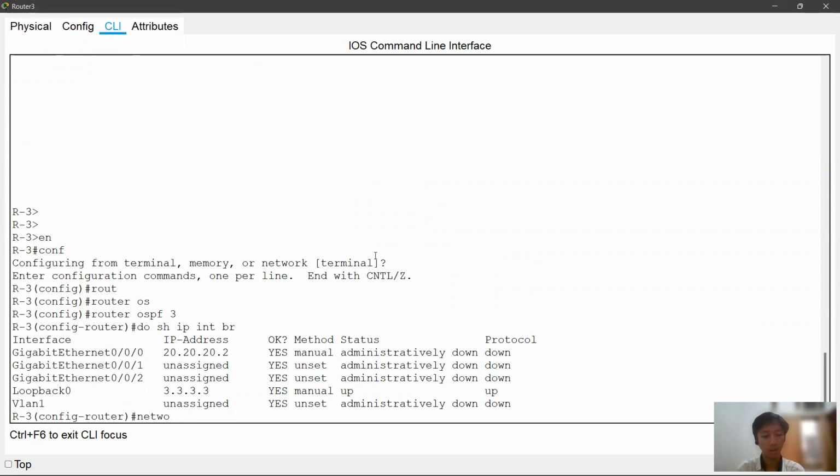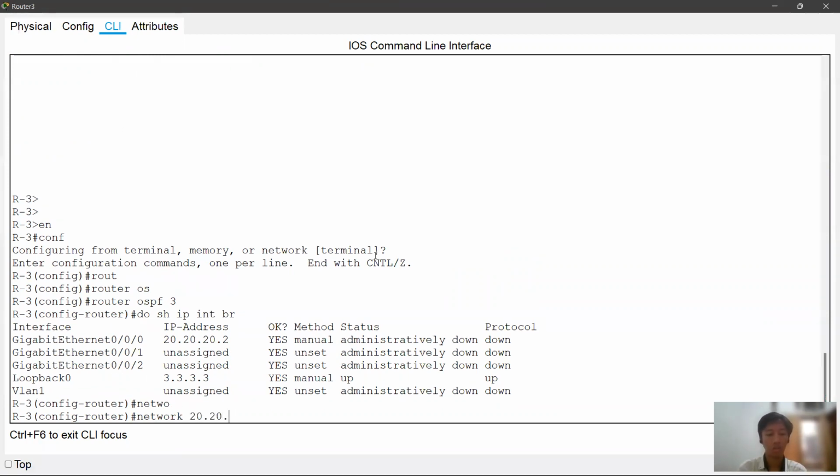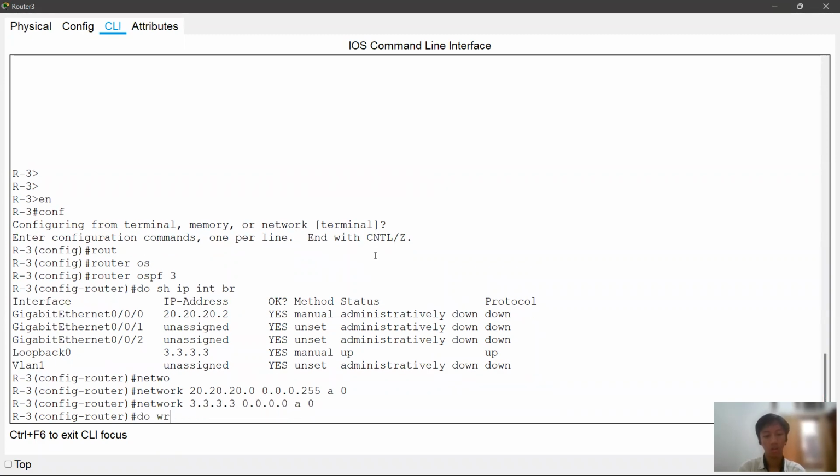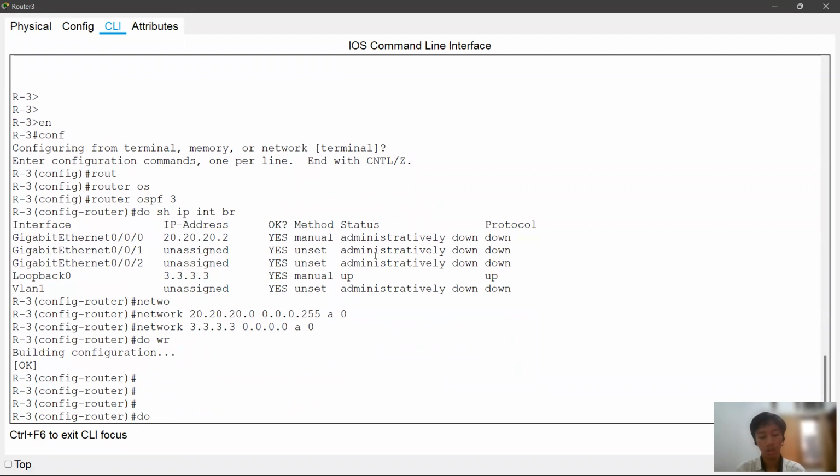Network 20.20.20.0 with wildcard, the area, and the last is loopback. And we check, do ping to loopback router 2.